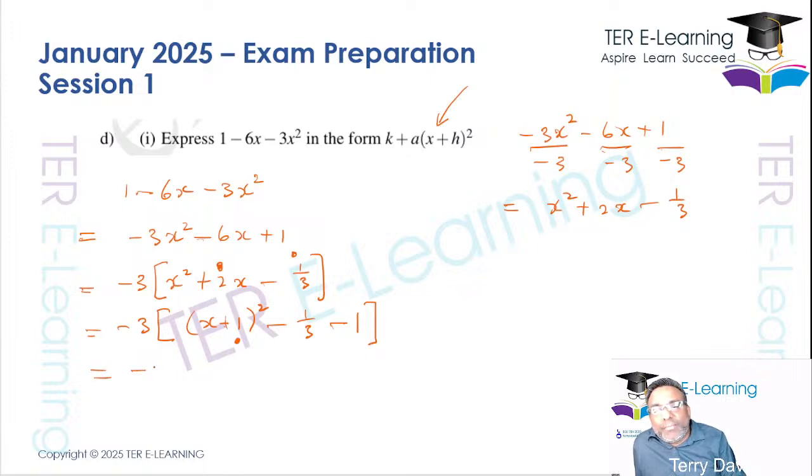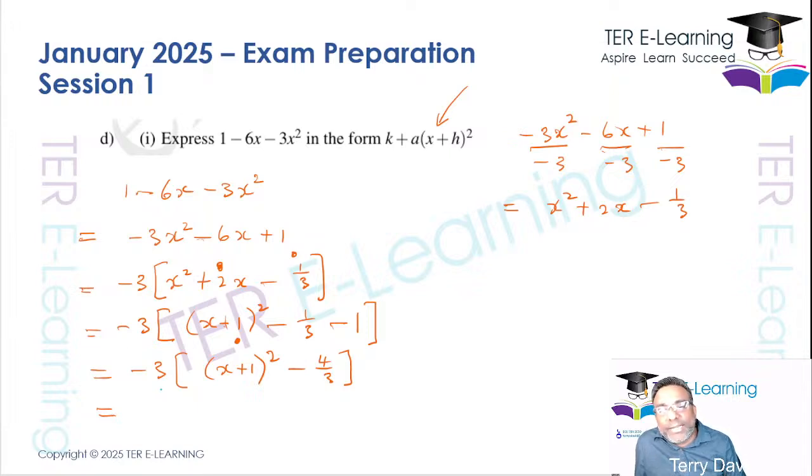So this is going to be minus 3, open brackets, x plus 1 squared, minus 1/3, minus 1. You're going to get minus 4/3. And the last step in the process here now is to multiply everything by minus 3.